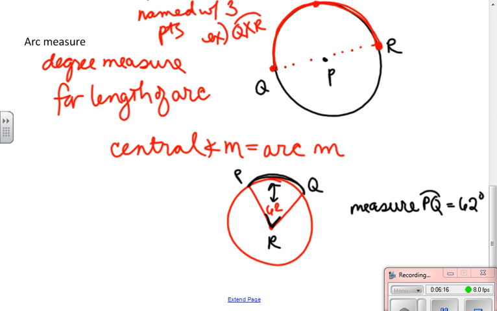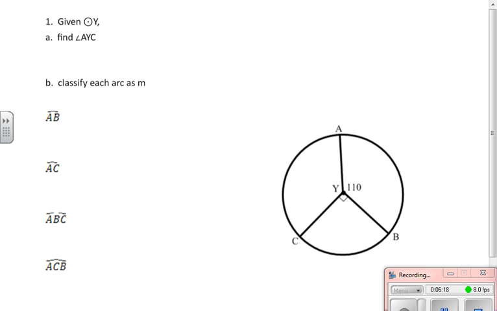So let's look at an example. Given circle Y down here, find angle AYC. So we're finding an angle, and so notation is super important. Well, all the way around a circle is 360 degrees.